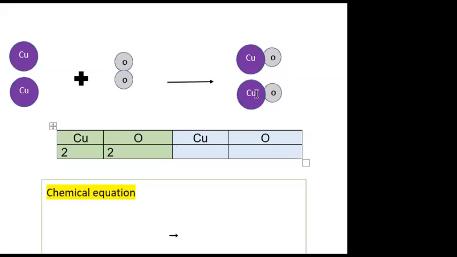We can say it's a compound, or we can say it's a molecule. A molecule is the smallest part of a compound. So we have 2 coppers in the product side, and we also have 2 oxygens, right? Altogether, we have 2 molecules.